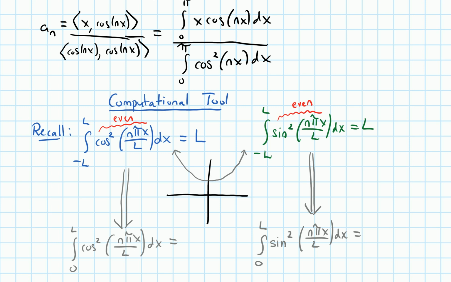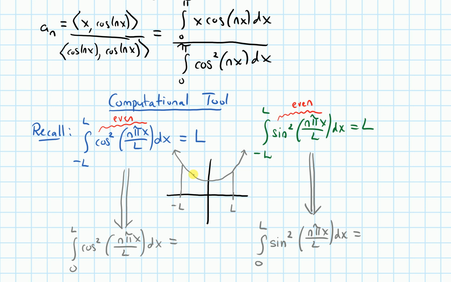If we look at the area under this from negative L to positive L, these formulas are saying, whether this is the graph of cosine squared or sine squared, and actually this particular graph I've drawn is not cosine squared or sine squared, it's not what they look like, but I'm just trying to get at the concept behind it: these are even.